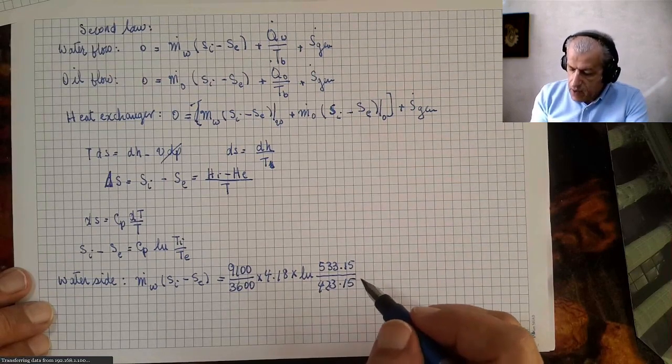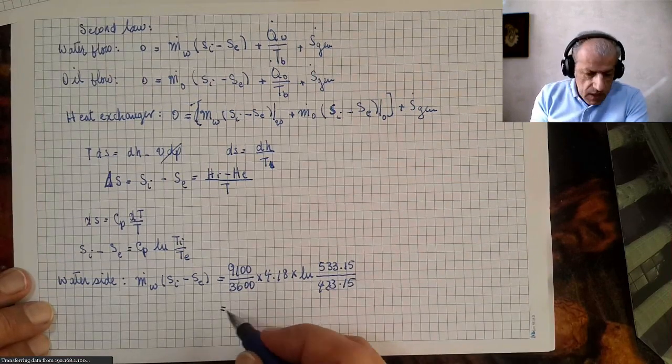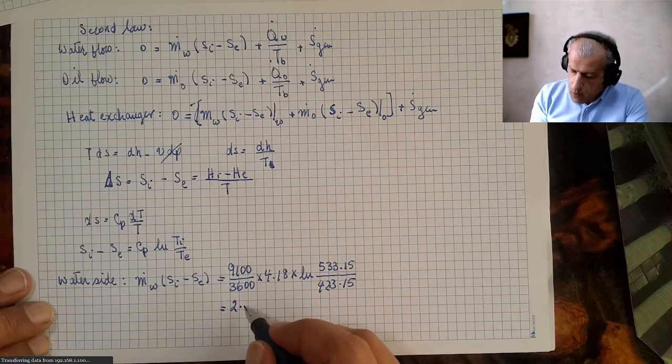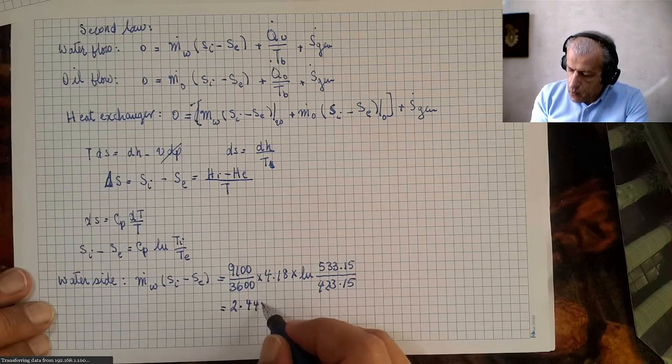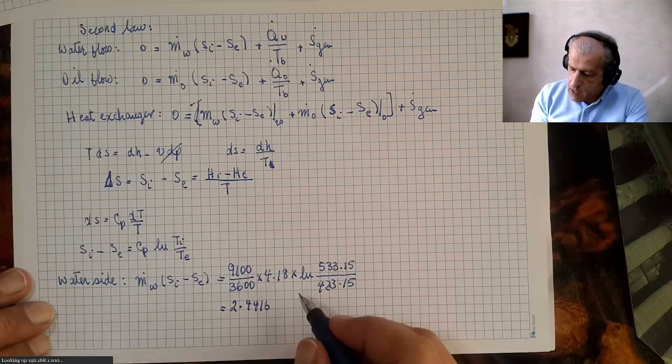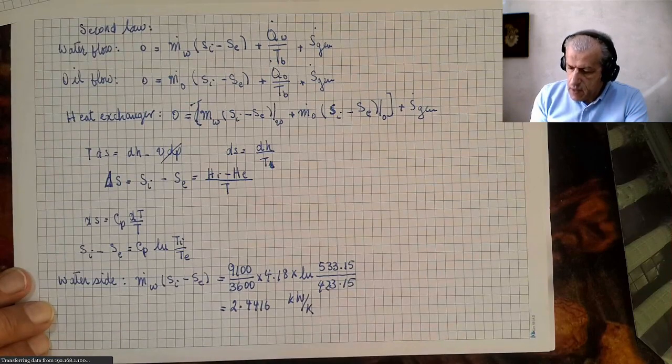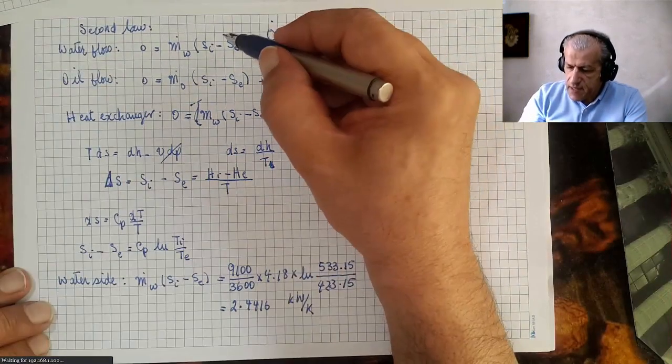And the outcome for this would be 2.4416 kilowatts per Kelvin.